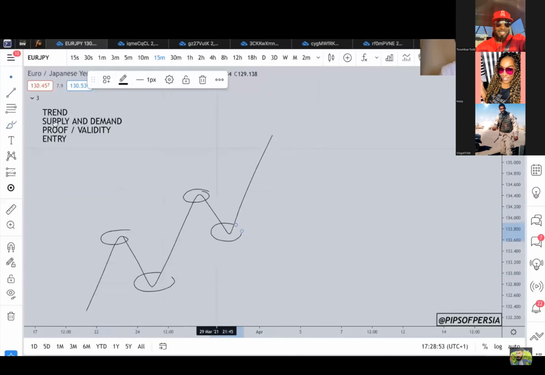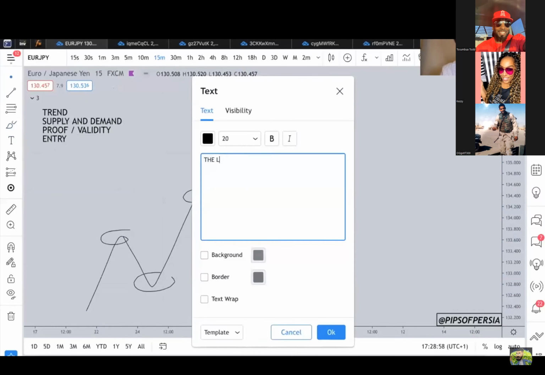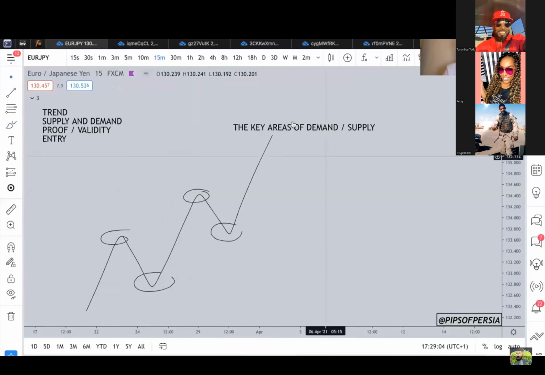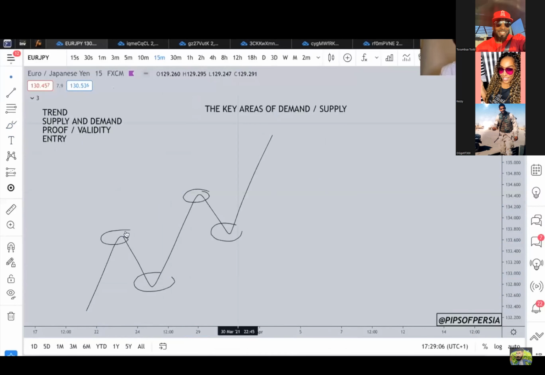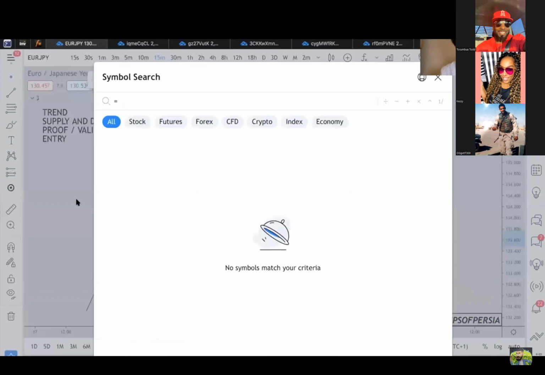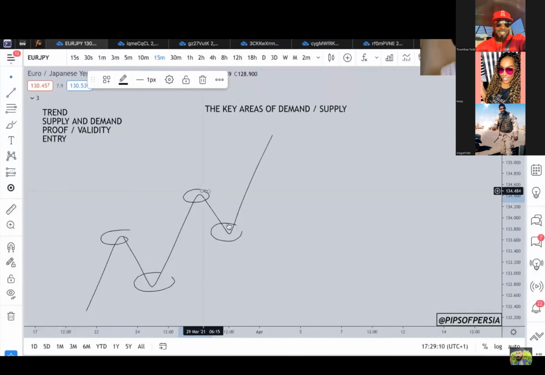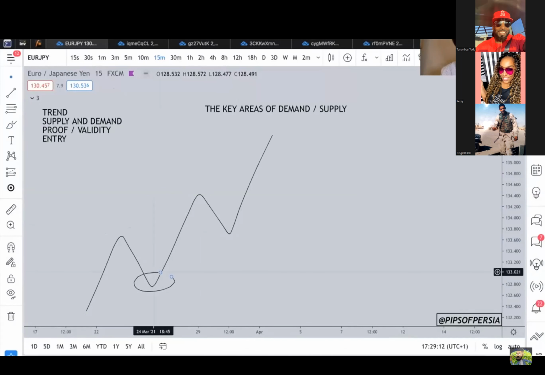So I want to find which are the key areas of demand. How do we identify what is the key area of supply and demand? How do we answer the question as to which institutional candle we take the trade based on? How do we figure out what is a key area of supply and demand?